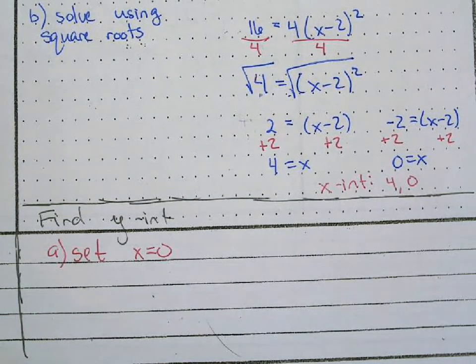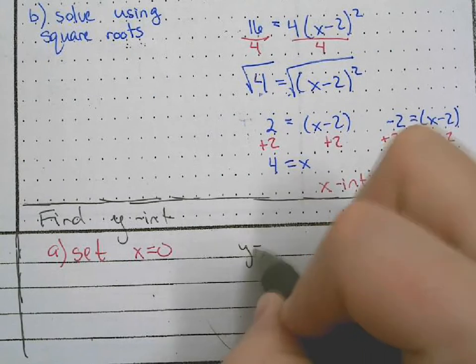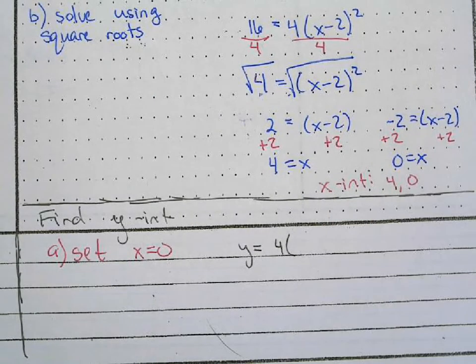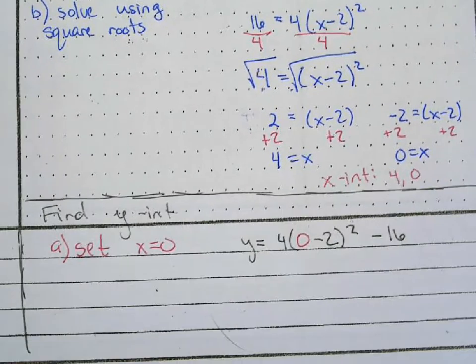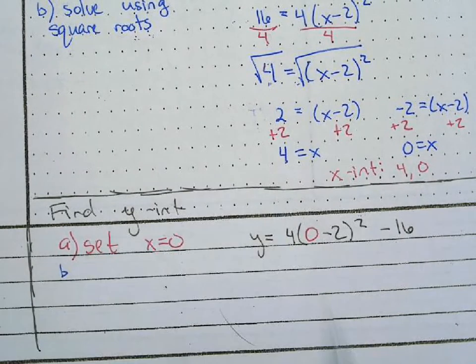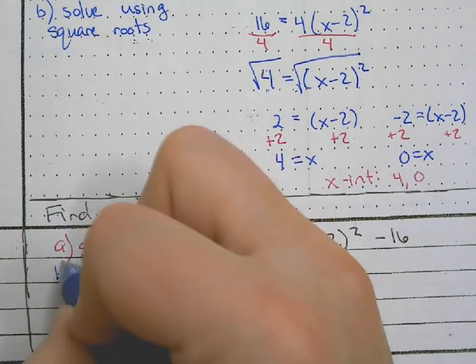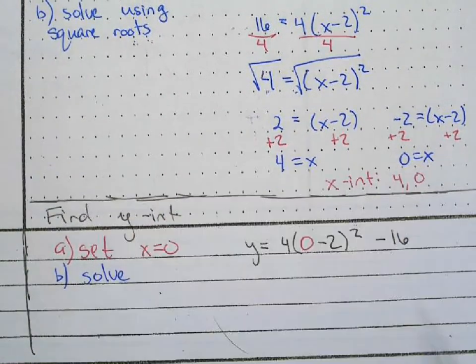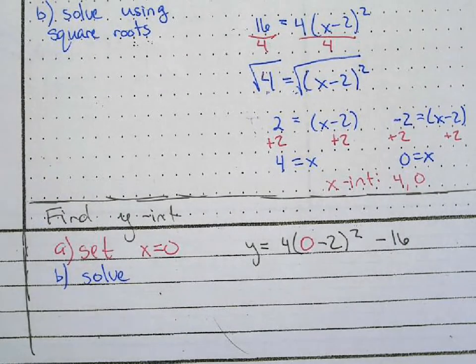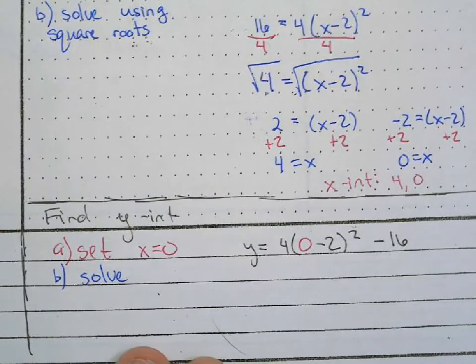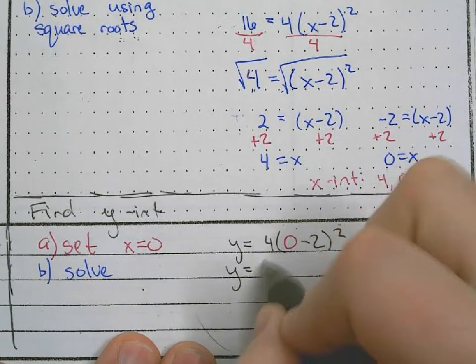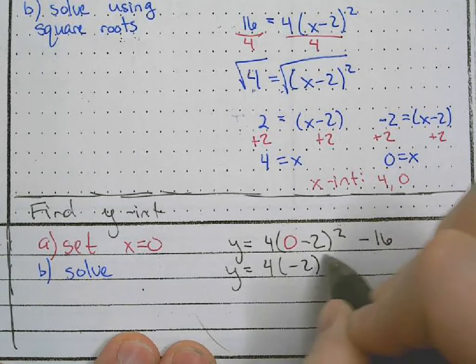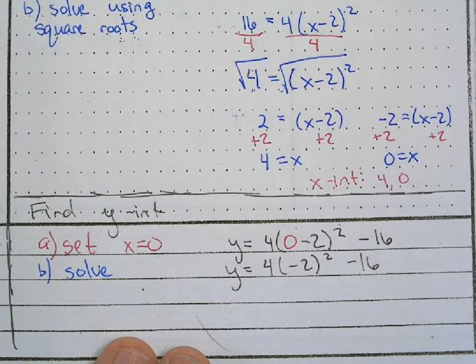So I'll say y equals 4 times 0 minus 2 squared minus 16. And part B is solve. So we're just going to solve this. We have 0 minus 2 is negative 2. So I have y equals 4 times negative 2 squared minus 16.